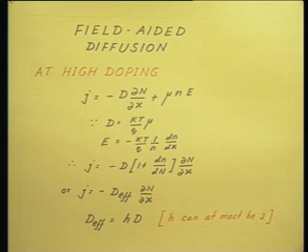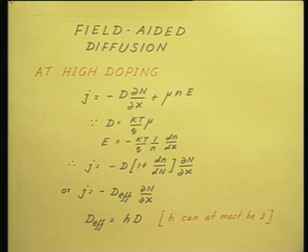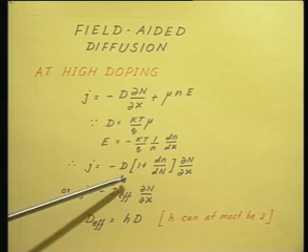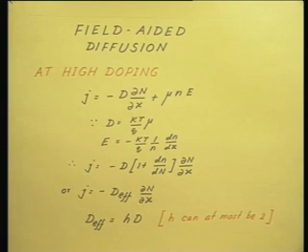So, common sense is going to tell you that this term can at most be equal to 1, right. At most all the impurity atoms can get ionized. So, this term can at most be 1. Therefore, I can have a maximum enhancement in the diffusion coefficient by a factor of 2, right.